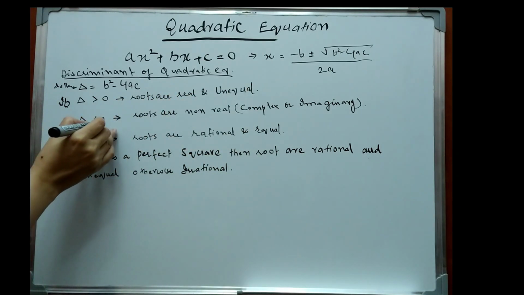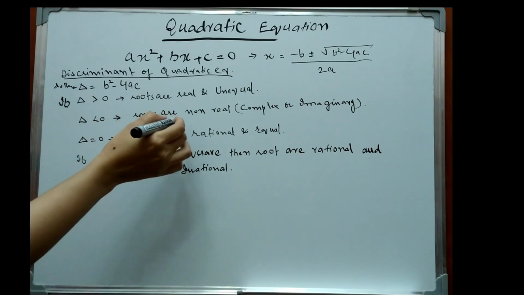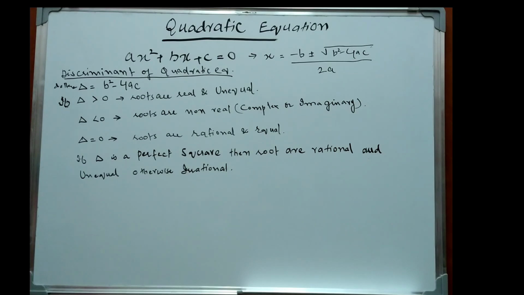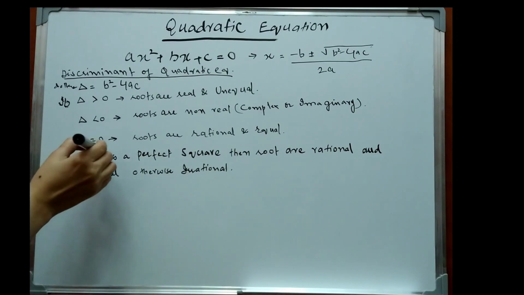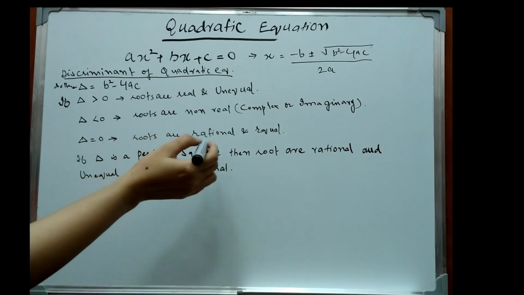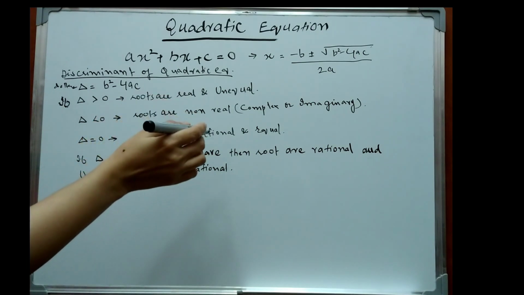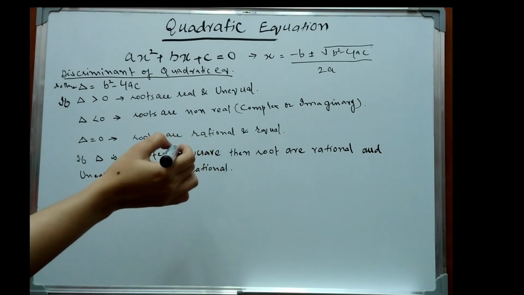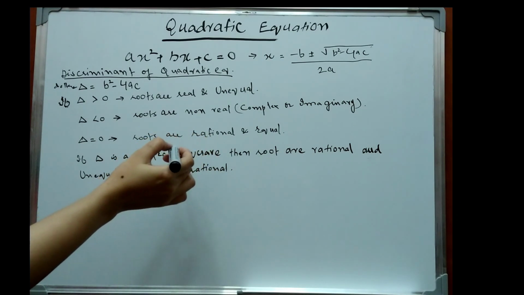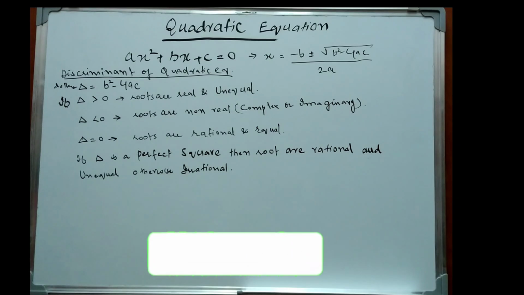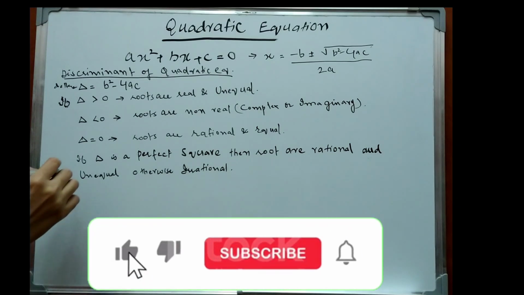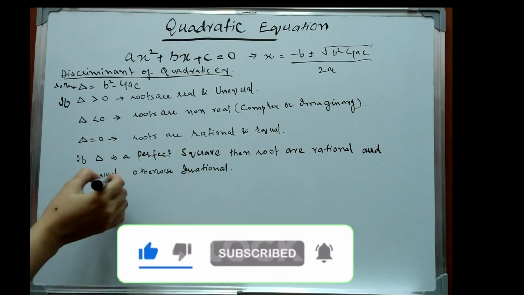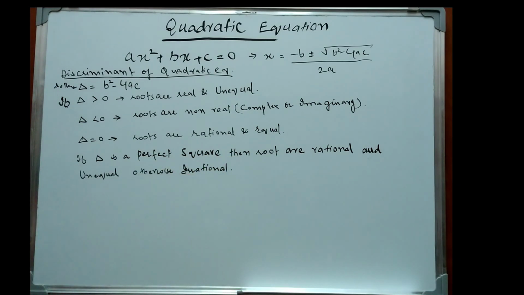If delta is less than 0, roots are non-real, meaning complex or imaginary. If delta is equal to 0, roots are rational and equal, meaning both roots will be equal and rational. Rational means the value can be denoted by a fraction. And if delta is a perfect square, then roots are rational and unequal, otherwise irrational.